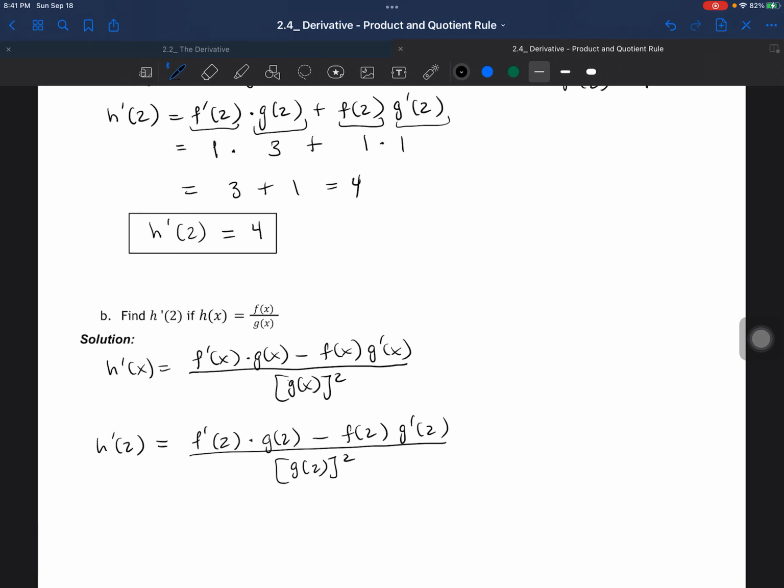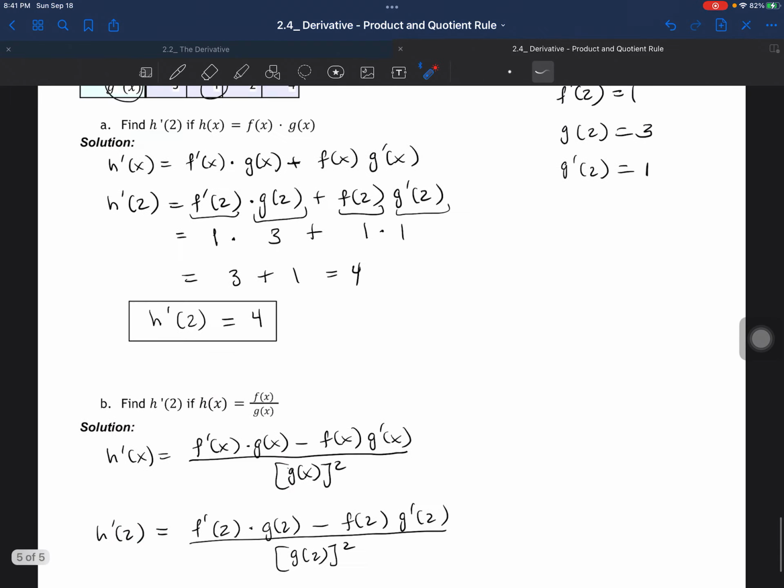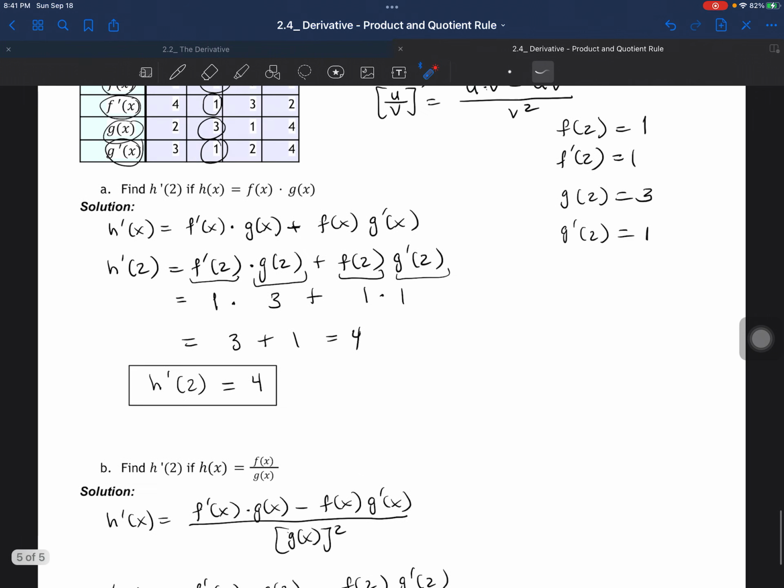With a similar argument, in this case, let's say now h is the function f over the function g, and they're asking us to find h prime of 2. With a similar argument, we're going to say, okay, well, what is the derivative of h, right? First, just find that out before we can plug in 2.